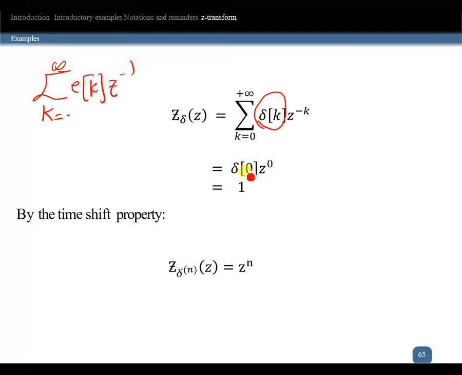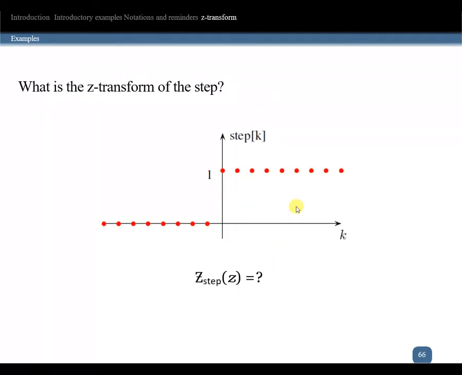That means Dirac at 0, z power 0, has a value of 1. That means the Z transform of the Dirac will be 1. By the shifting theorem, for a shifted Dirac the result becomes z power -n, because the rest will be multiplied by 0. How about the step?